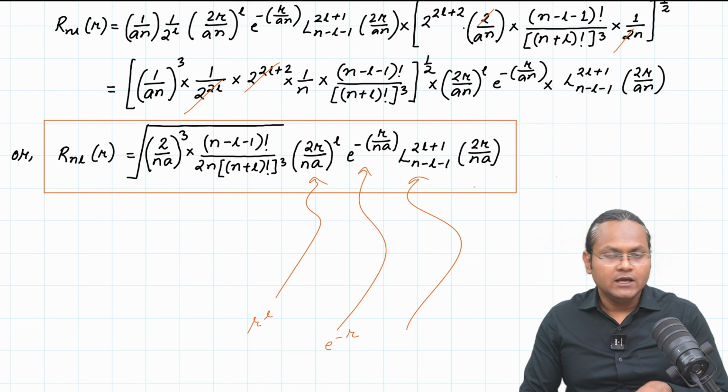So let's first take a look at the radial solutions, and then we will combine the radial solutions with the spherical harmonics to get the overall wave function solutions.